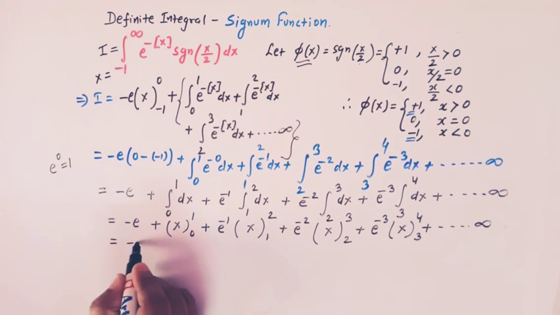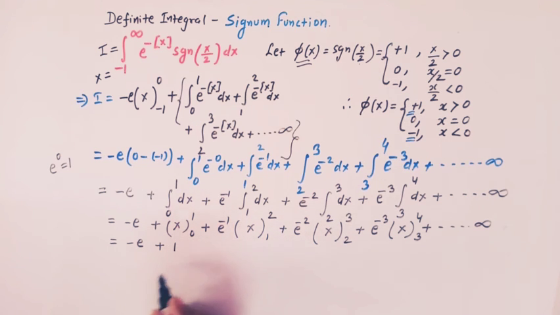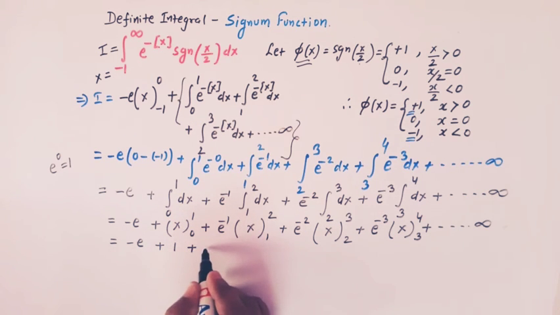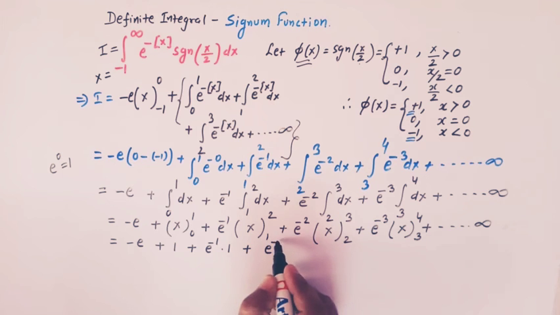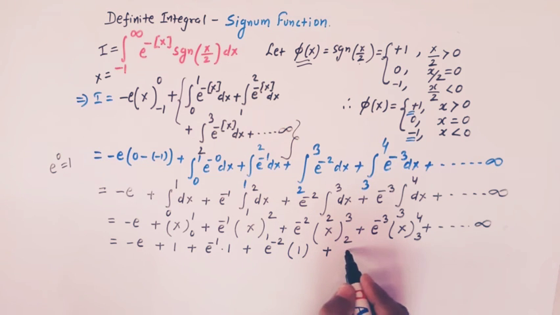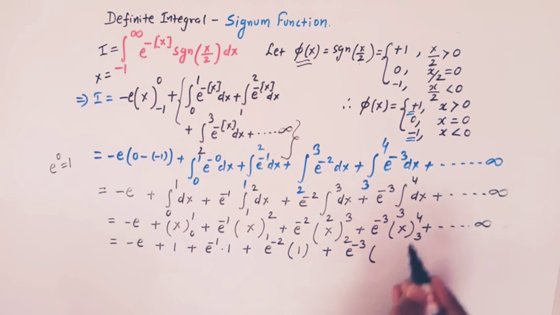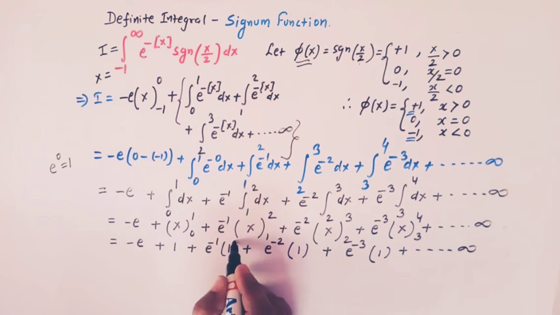So now we can write it as minus e. Here we have 1 minus 0, that is simply 1, and here we have e raised to minus 1, and this is 2 minus 1, so again we'll have 1, and then we have e raised to minus 2, 3 minus 2, again we'll have 1, and e raised to minus 3, again we have 4 minus 3, that is 1, and so on, right?